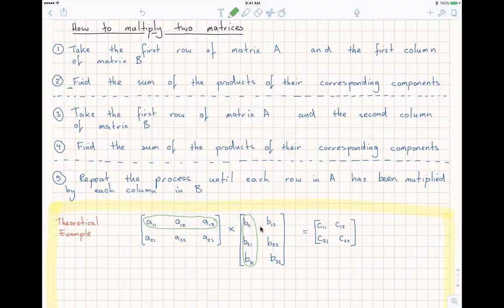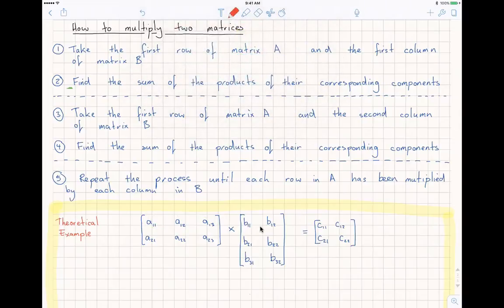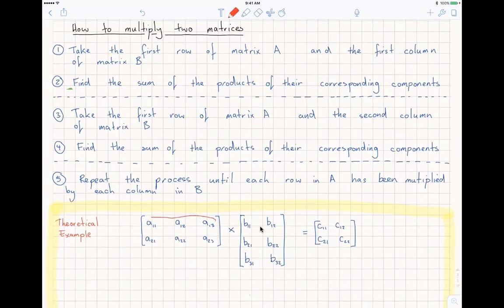Once we've done that, then we're going to go to step 3, which is to take again the first row in matrix A, and this time we'll multiply it by the second column of matrix B.